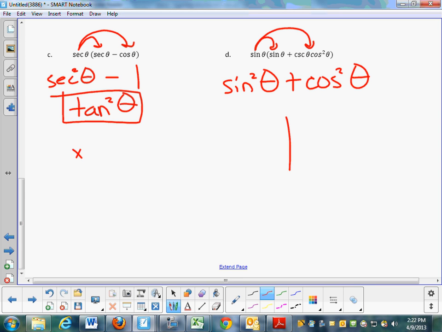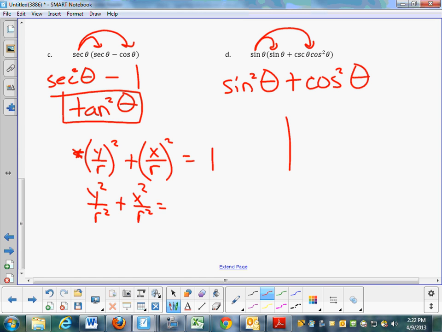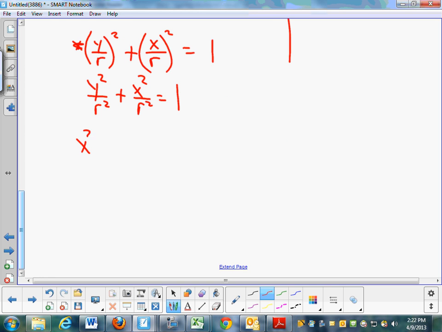Sine is y over r squared. Cosine is x over r squared. And that's equal to 1. Why? Because then you have y squared over r squared plus x squared over r squared is equal to 1. Multiply both sides by r squared, and you get x squared plus y squared is equal to r squared, which is just your circle formula, or the Pythagorean theorem.